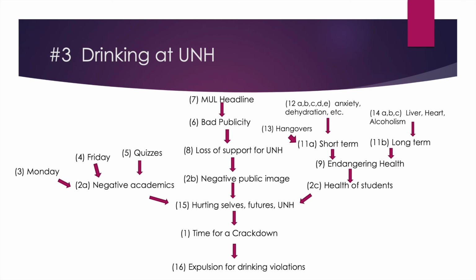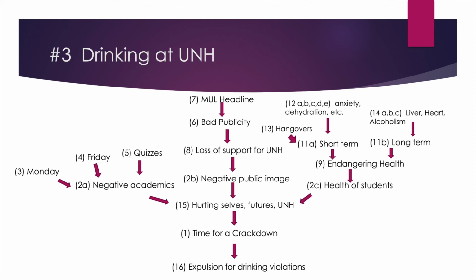So on the left now, we have the academic line of argument. That is, excessive drinking has a negative impact on academics. And what's the evidence for that? Students not showing up for class on Monday, which was assertion 3. Students skipping class on Friday, which was assertion 4. And students taking quizzes while under the influence, which was assertion 5.